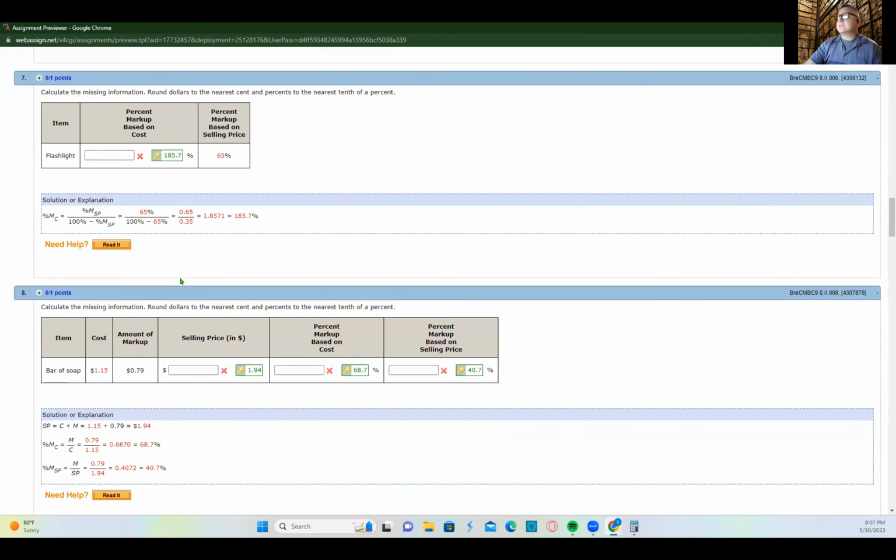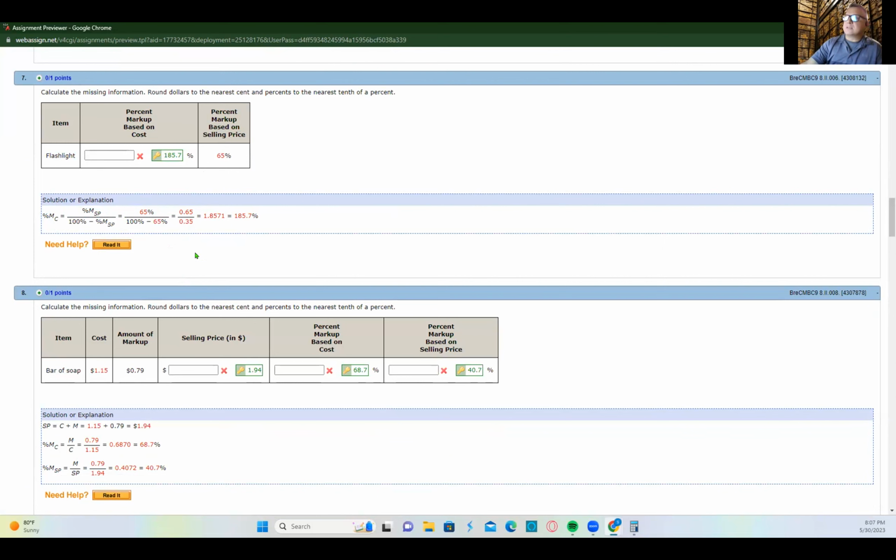Let's look at number 7. Once again, there's a formula. Your markup based on cost is going to be your markup based on selling price divided by 100 minus your markup based on selling price. They give you a markup based on selling price of 65%. Put it on top, 100% minus that.